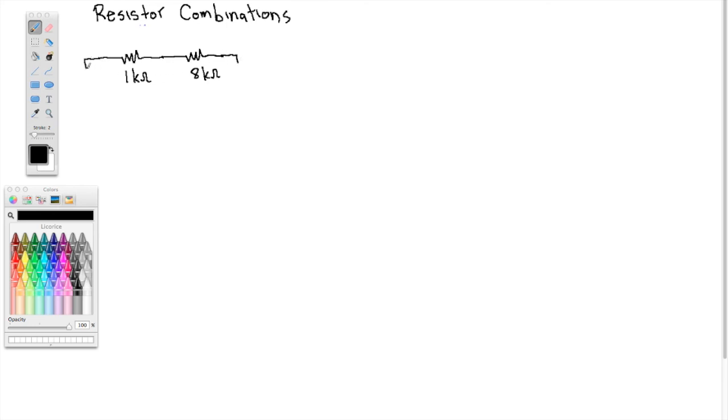And in fact, I bet that most people watching this video know that there's an equivalent resistance, call that Req, between these two terminals here, terminal A and terminal B. There's an equivalent resistance, and I bet most, if not everyone watching this video can tell me that that equivalent resistance is 9 kilo ohms.